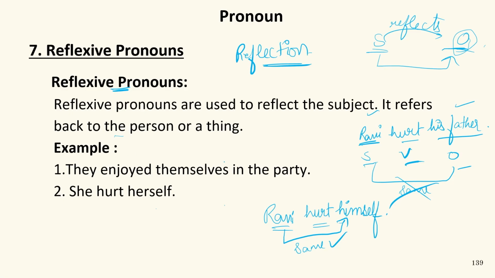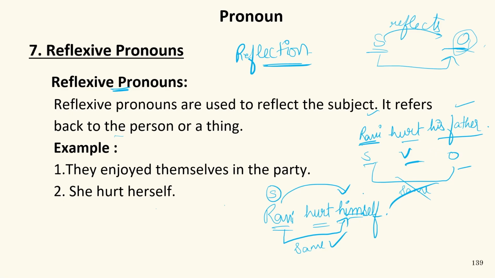Here, the subject is reflected in the object. The subject itself is reflected in the object. It means subject and object are the same. So I cannot write Ravi hurt him, because him can indicate other persons as well.